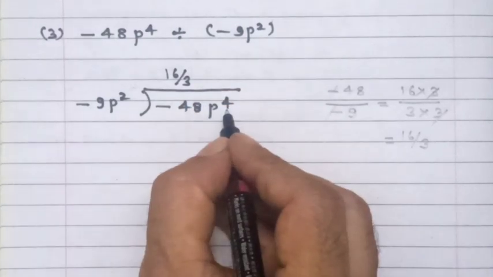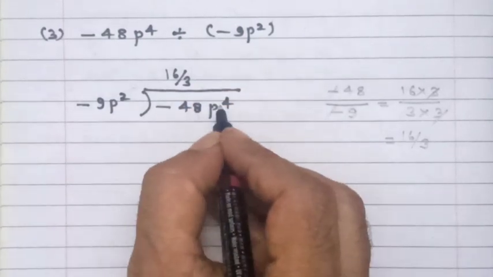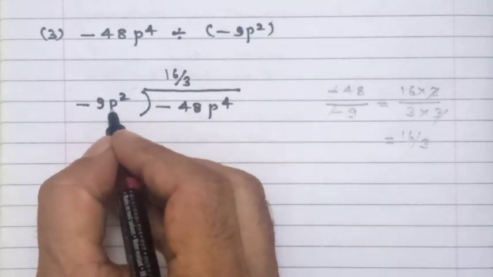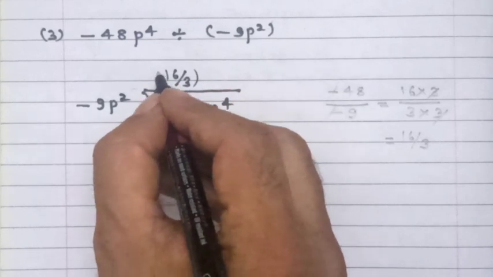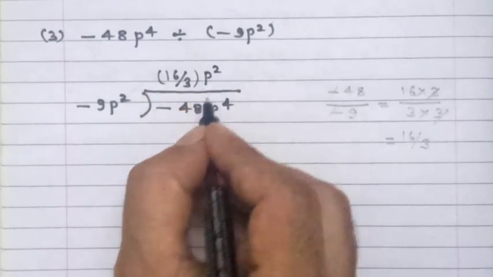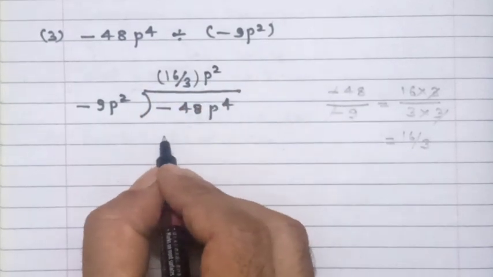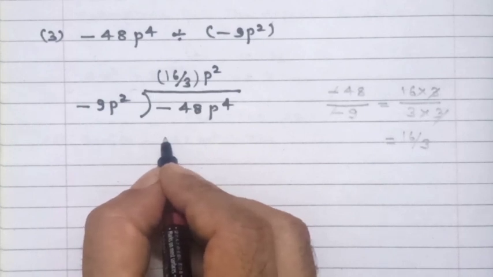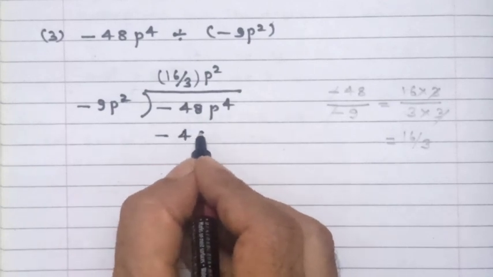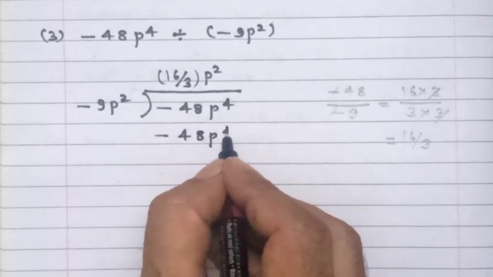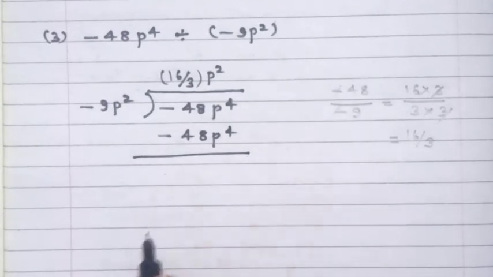this is p raised 4 and this is p square. 4 minus 2 gives you 2, that means p square. So you will be writing p raised 2. So you will be writing here 48, which is minus p raised 4, and you will subtract.